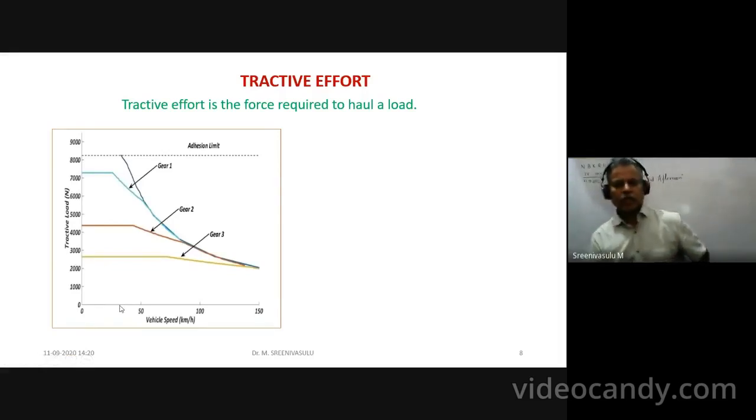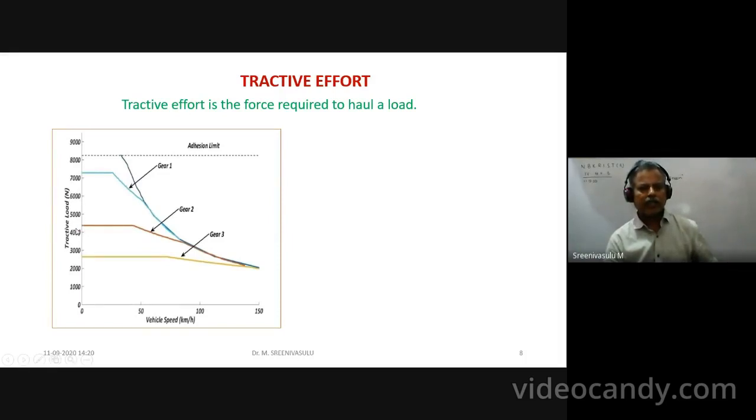I don't know what type of vehicle this is. We will not keep the vehicle on gear 1 beyond hardly 5 to 6 kilometers per hour. The moment we make the vehicle move on gear 1, immediately we have mobility. The moment we get that mobility, we immediately switch over to gear 2. So you can see here gear 2. The other way you can imagine, gear 2 is capable of handling tractive effort close to 4,250 newtons.